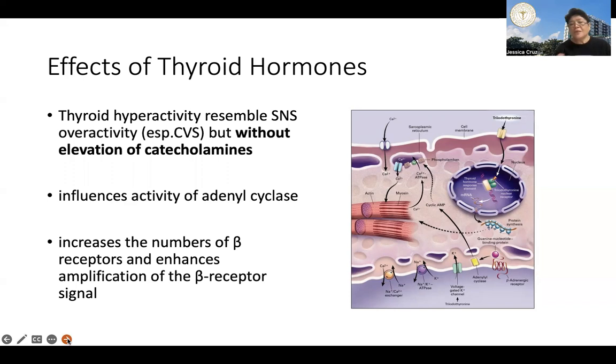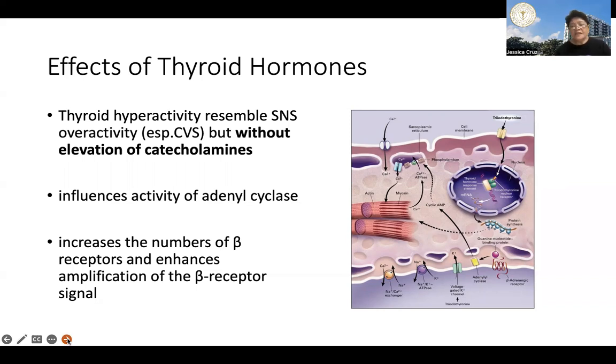So thyroid hyperactivity resembles sympathetic overactivity because it influences the activity of adenyl cyclase and therefore the production of cyclic AMP, which is the second messenger in adrenergic signaling.